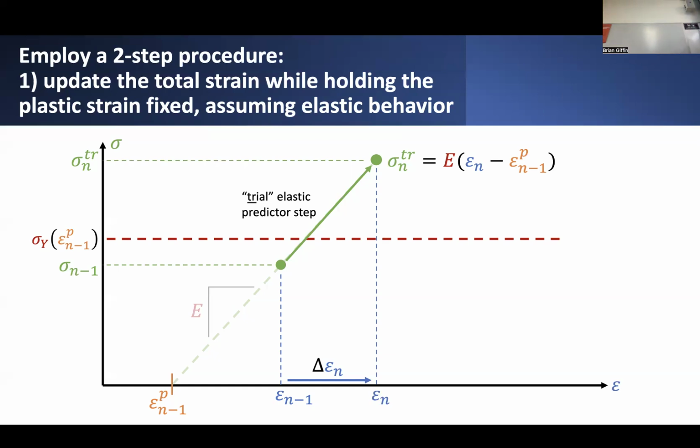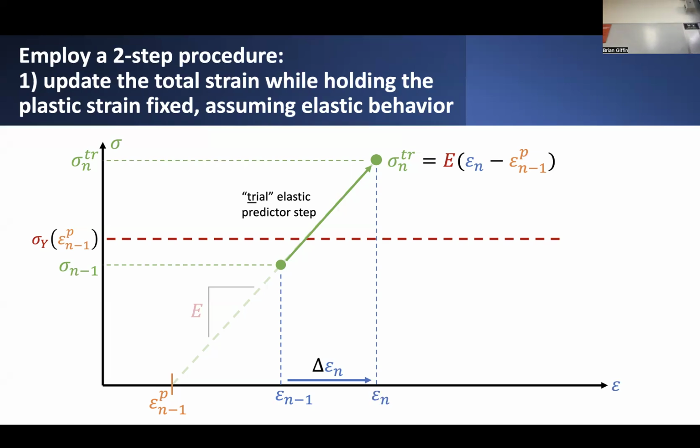It turns out it's not so difficult, but the one thing that I want to point out here is that during this initial elastic predictor step, we assume that the total strain in the material increases by some finite amount, this delta epsilon sub n. And at the same time, we assume that the plastic strain in the material remains fixed. It stays the same value that it was from the previous time step.